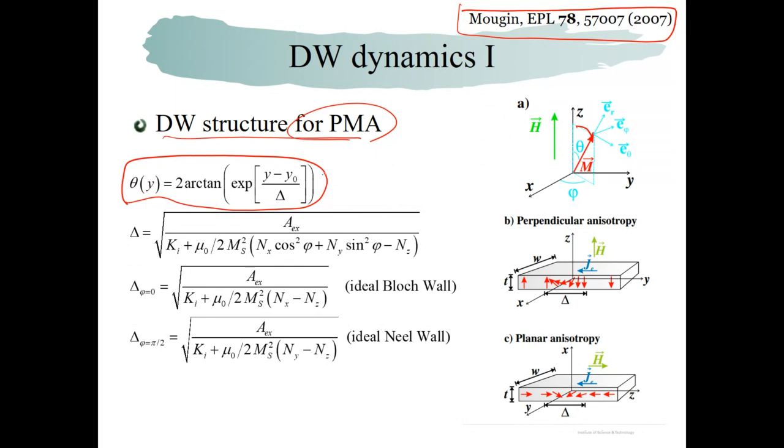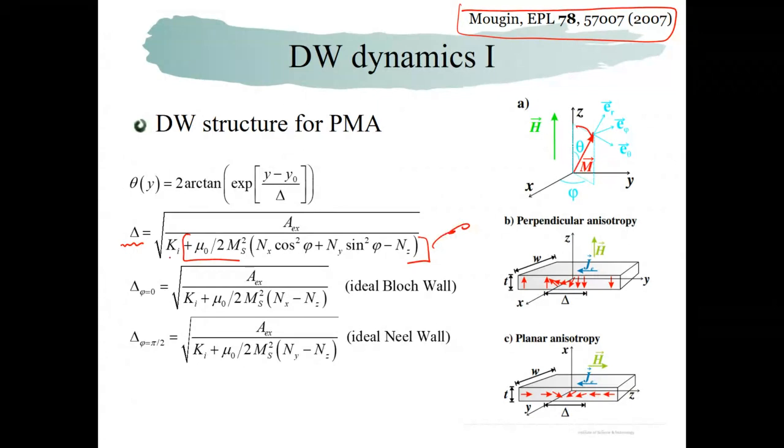And actually, you can obtain this result by the variational principle in a domain wall structure. Okay. So anyway, let's set up the domain wall structure in this form. And here the domain wall width delta is given by this equation. Here, if we take out this part, this is nothing else but what we learned from the uniaxial anisotropy energy.